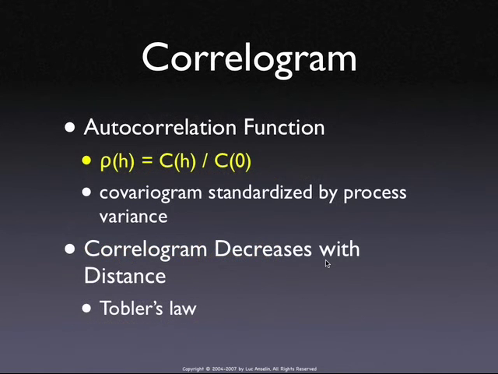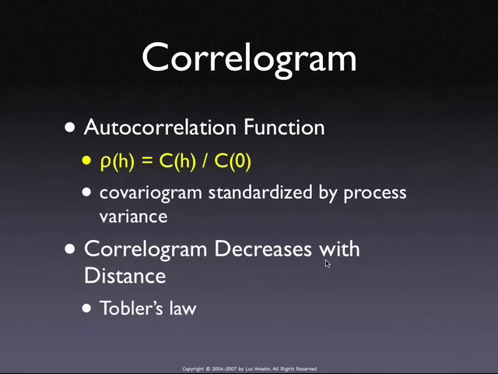When we have the covariance indexed by distance, and we have the variance of the process, then we define the correlation, just like we get the regular correlation as a covariance divided by the standard deviation of the first variable times the standard deviation of the second variable. Here, because it's the same variable, multiplying the standard deviations is the same as the variance. So the covariance divided by the variance, C of h divided by C of 0, is called the autocorrelation function, or in the literature the correlogram.